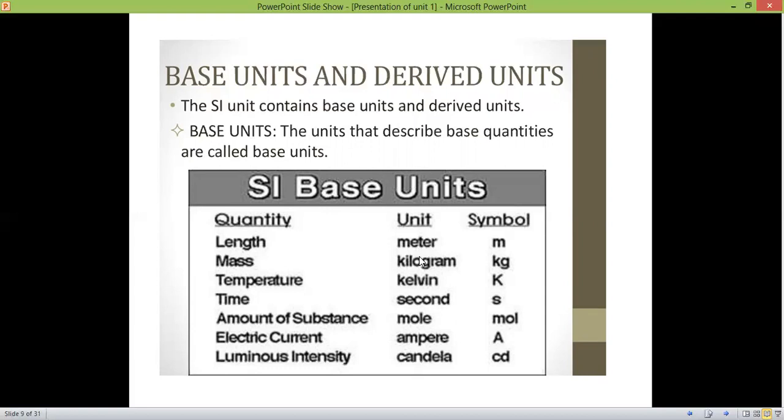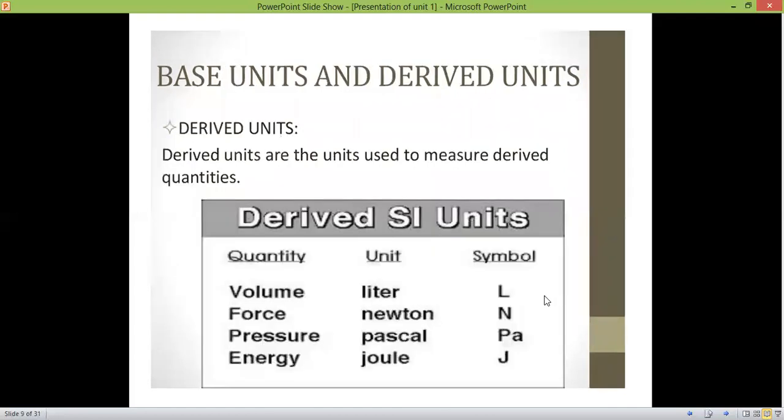SI unit of temperature is Kelvin, given by capital K. SI unit of time is second, represented by the symbol small s. Amount of substance is measured in the unit mole, given by the symbol mol. SI unit of electric current is ampere, given by the symbol capital A. SI unit of intensity of light is candela, given by the symbol cd.